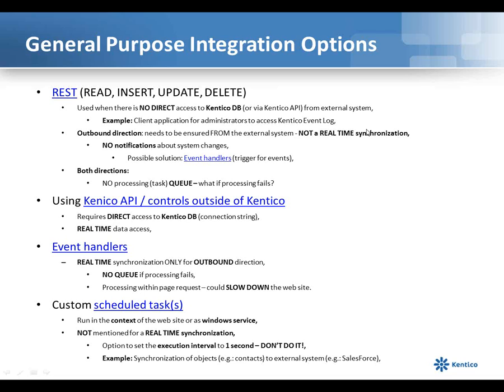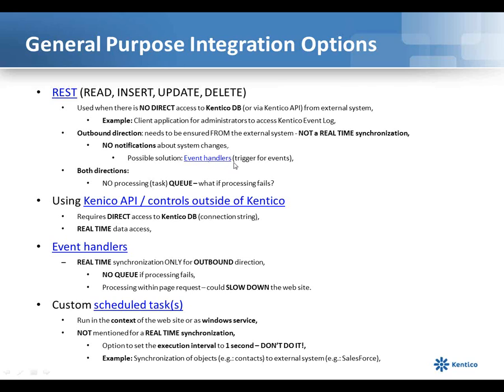So you cannot achieve real-time synchronization unless you engage other modules of Kentico, like event handlers. These are generally triggers where you can hook up your custom code and perform some extra code.